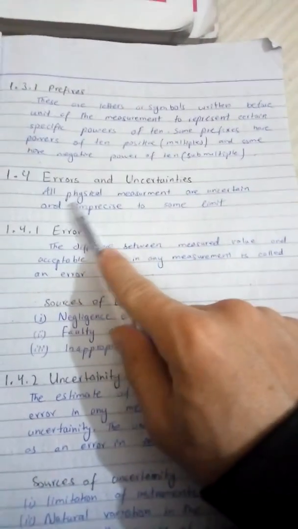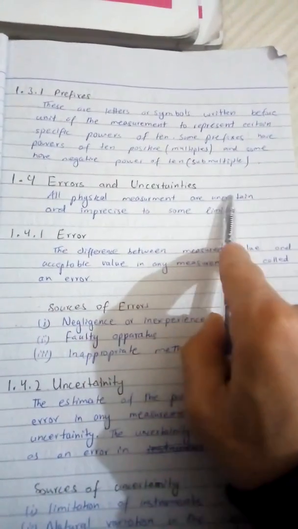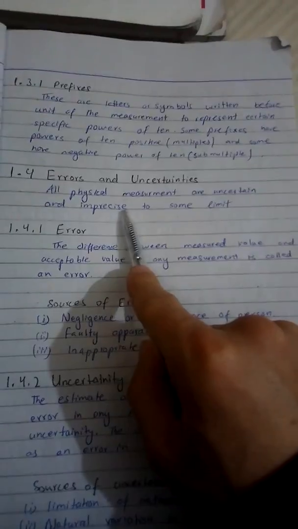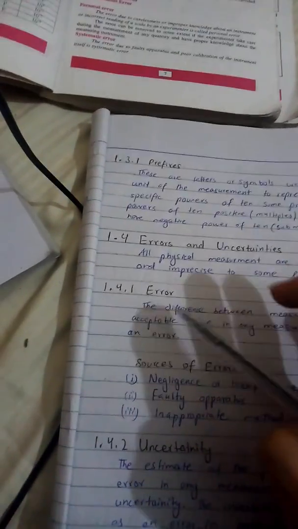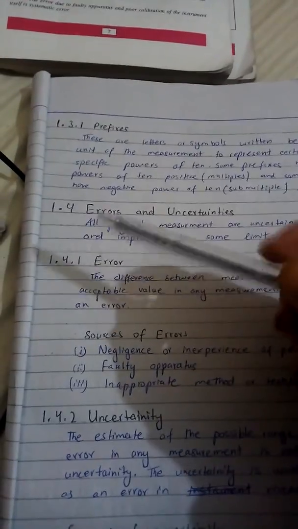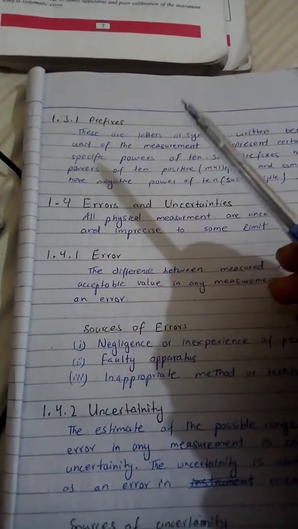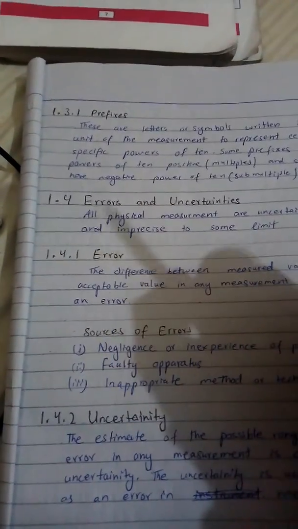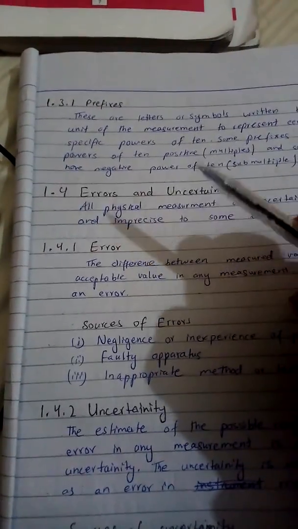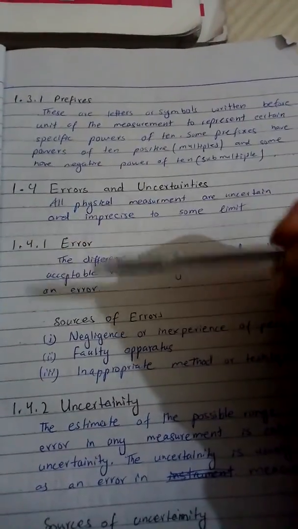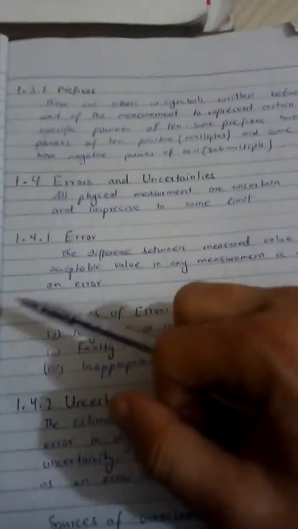Errors and uncertainty. All physical measurements are uncertain and precise only to some limit. Remember, physics and science are the tools to measure the environment around us. Science is used to understand the environment around us, and we cannot understand it precisely.